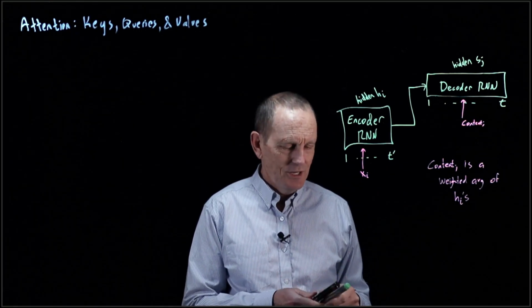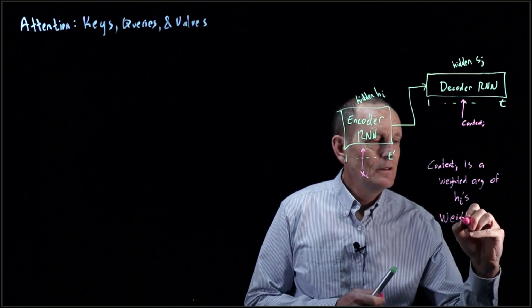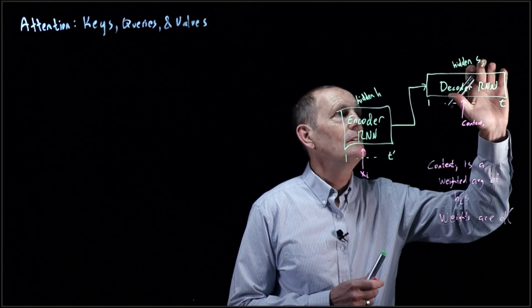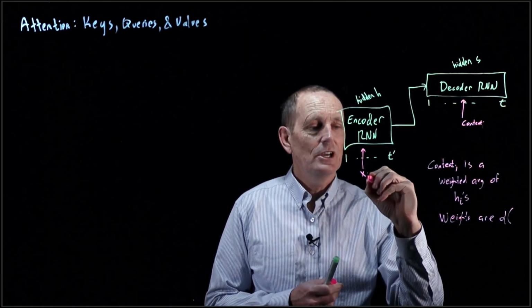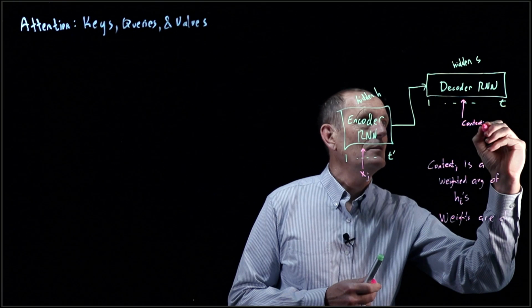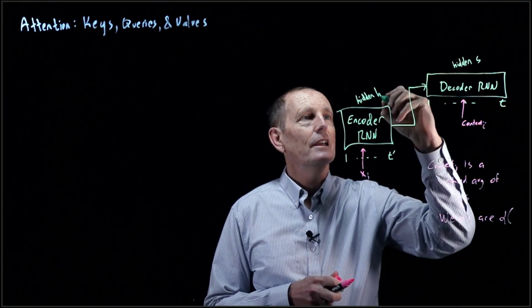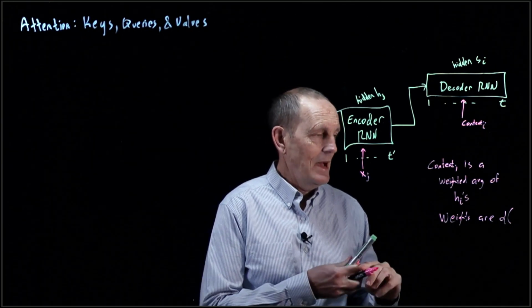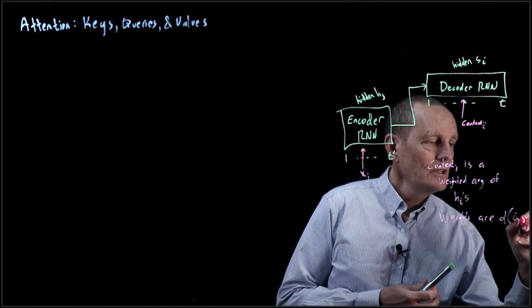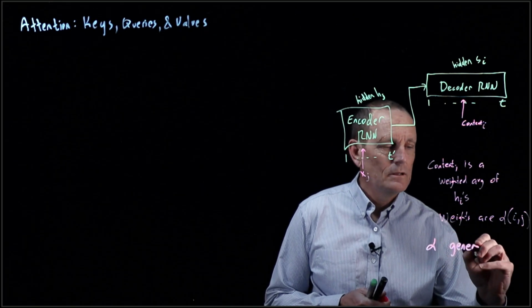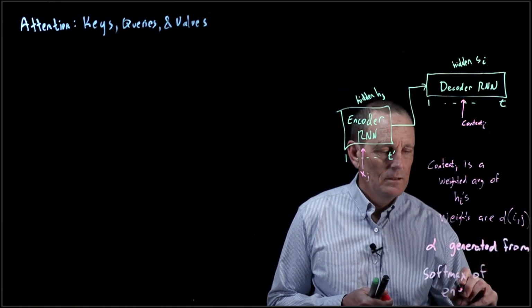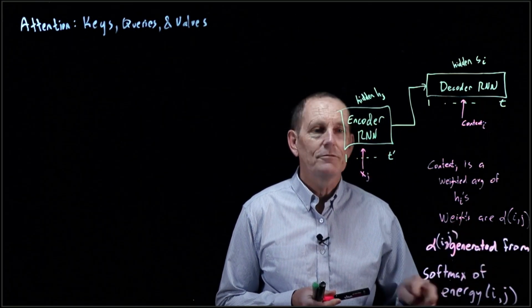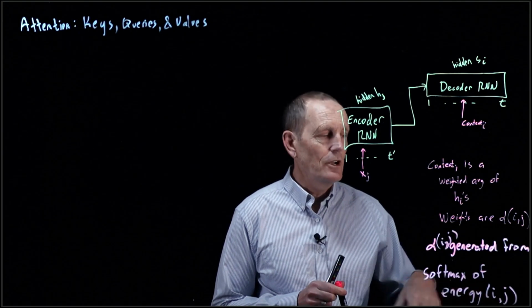So we have this weighted average. The weights are alpha. I'm going to switch these to be X sub j and context sub i, and then these are H sub j and S sub i. So the weights are some alpha ij, and the alpha ij's are generated from a softmax of the energy ij's across all j's.